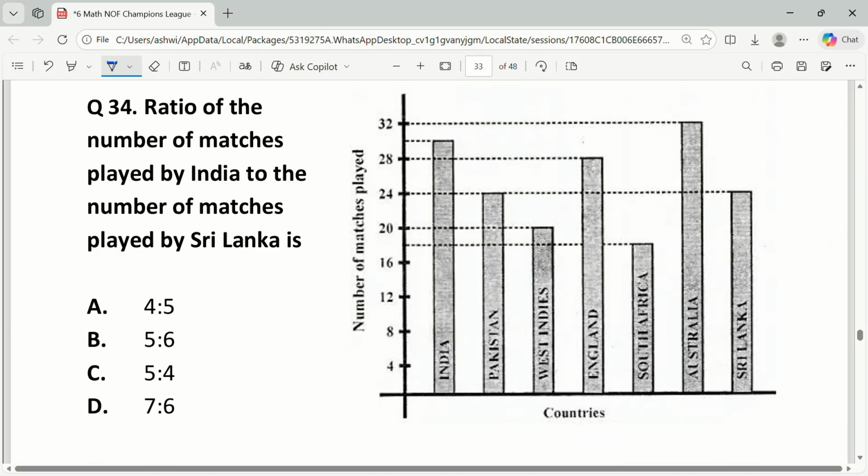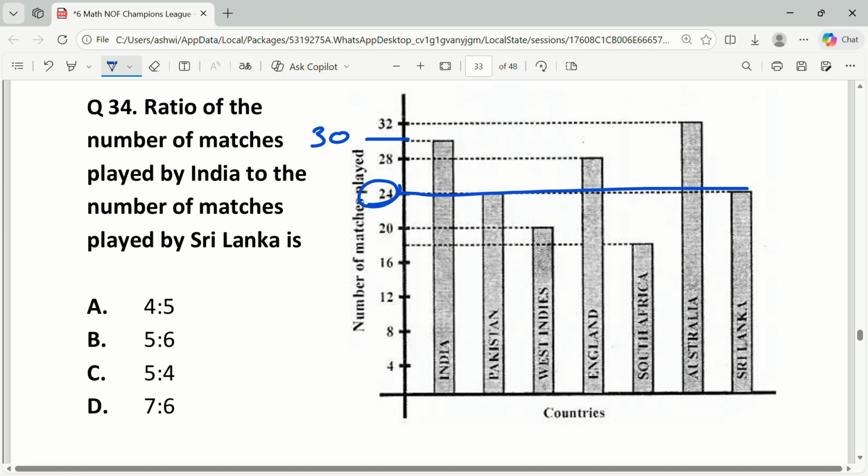Question 34. The ratio of the number of matches played by India to the number of matches played by Sri Lanka is. Looking at the bar graph, we can see that India played 30 matches and Sri Lanka played 24 matches.